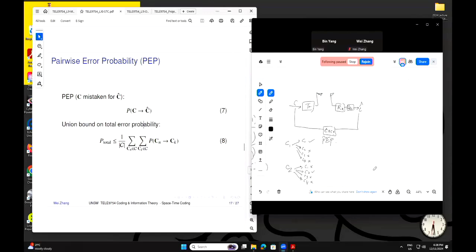Then you count the number, and then take the average. So that's why you can see here, I take the average probability that when I send C1, I got a different CK, K not equal to N, right? So then you will get the error probability. And then on the average, divided by the total number of the signals, that is called the total error probability. So that's still the definition. I just want to try to explain to you.